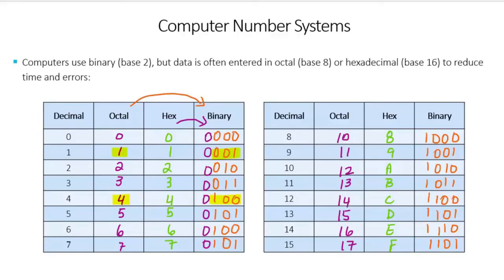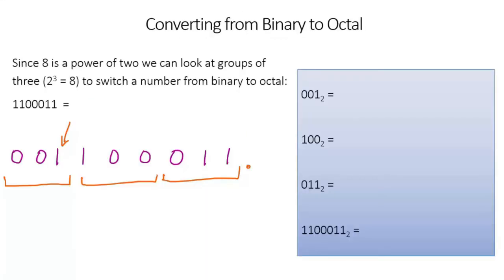And the final triplet is 011, which corresponds to the octal value of 3.